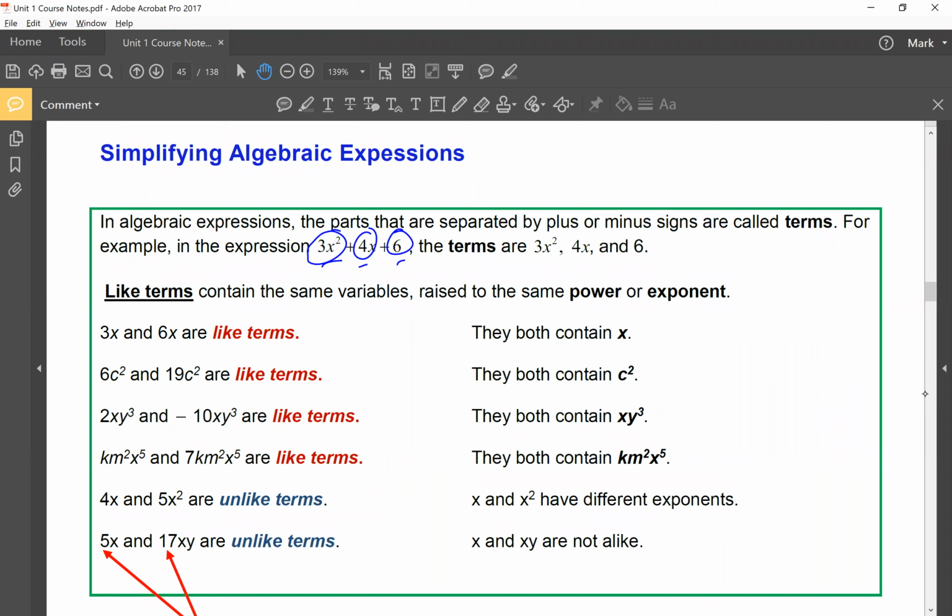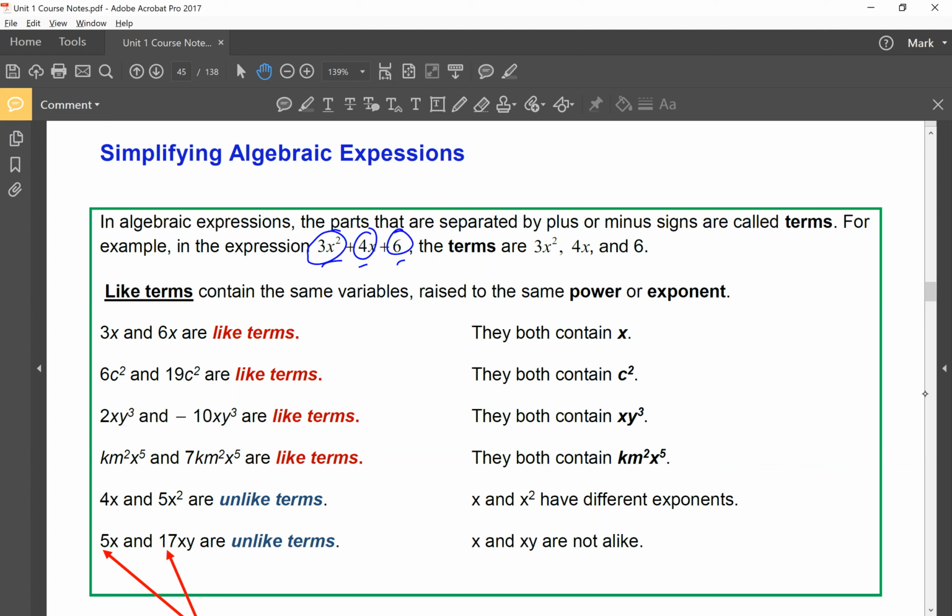I know we're probably feeling a bit burnt out after all those exponents, but this is a pretty simple part. The key thing to take away from the next 5 minutes is identifying terms that are like and terms that are unlike.